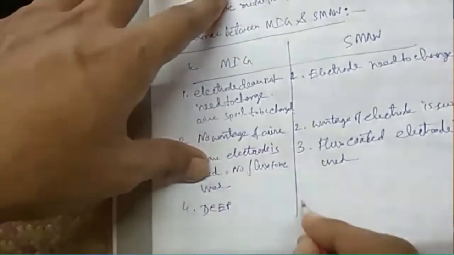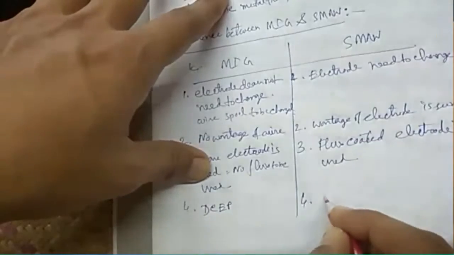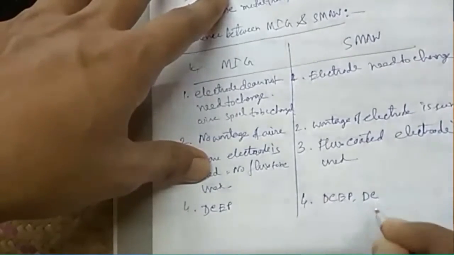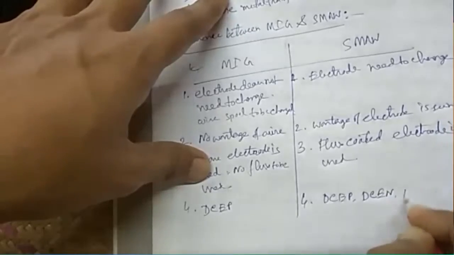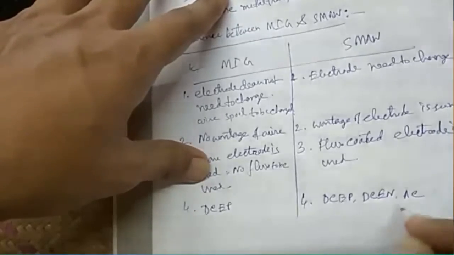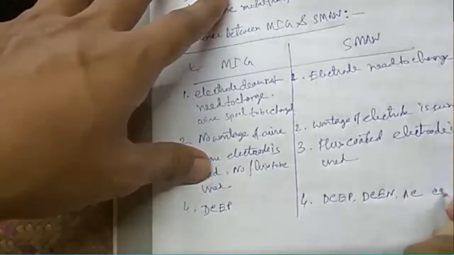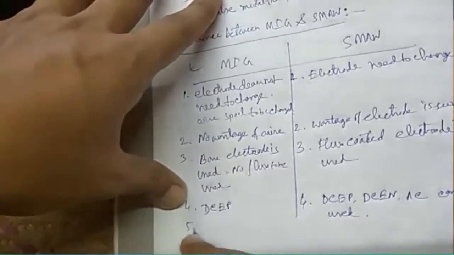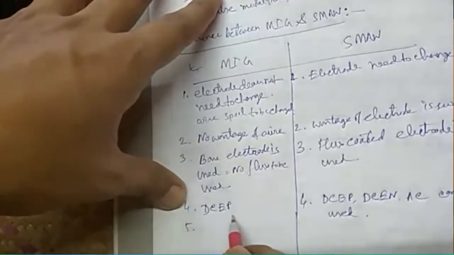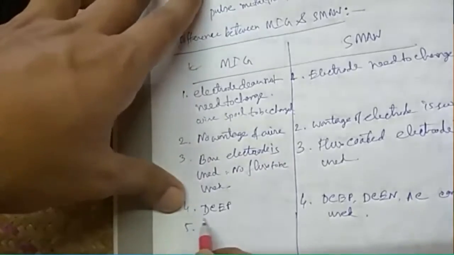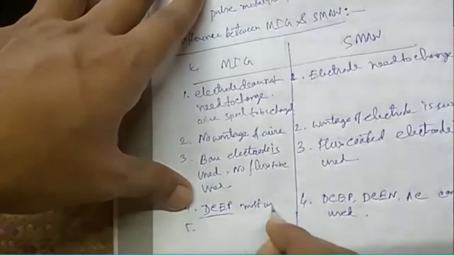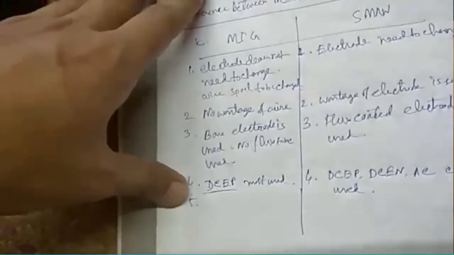Number 4, MIG is always, in most of the cases, DCEP, that means direct current electrode positive. And here in SMAW, DCEP, DCEN, AC, all can be used. Here others are also used, but DCEP is the most used method.